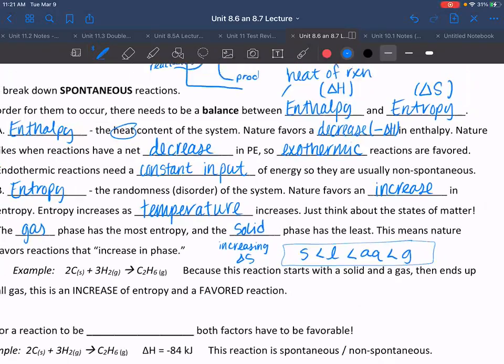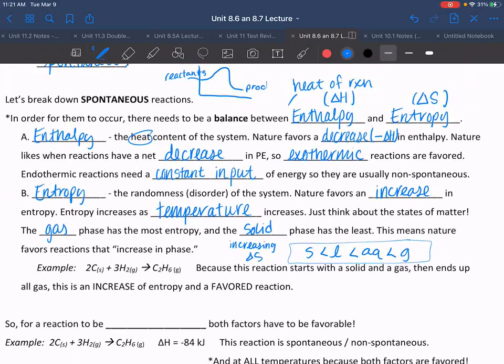Okay, so if we look at this first example here, we are starting with a solid and a gas, but we are converting everything into some sort of gas. Because there is a solid that ends up being a gas, this is an increase of entropy, an increase of disorder.